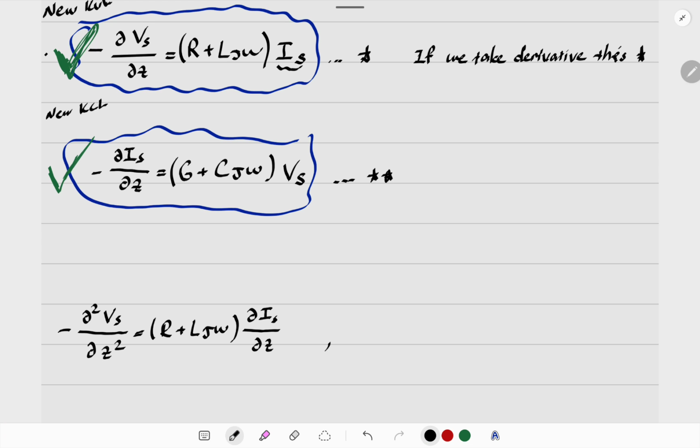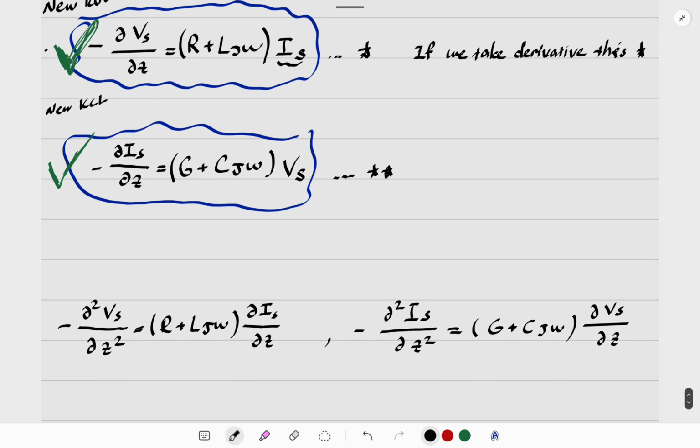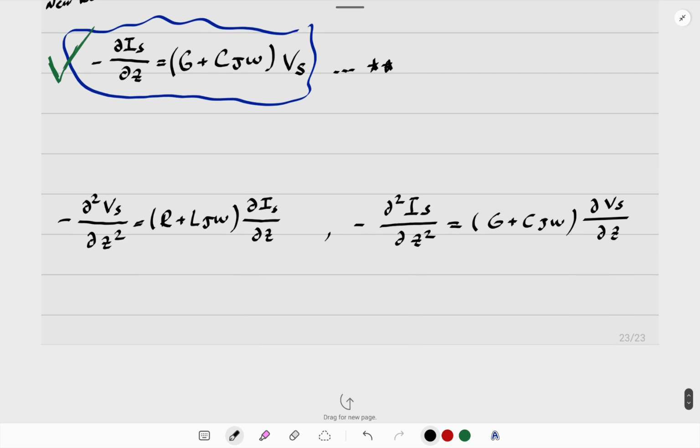So same idea, minus del square is divided by del z square, and it is equal to g plus cj omega del vs vz. Okay, so for the new KCL and KVL equations we also got the derivative for both of them.